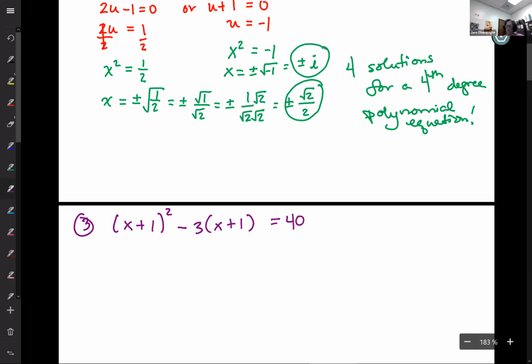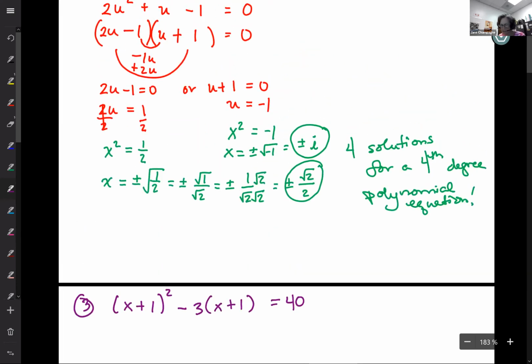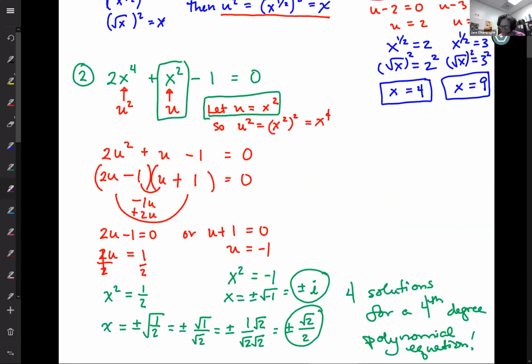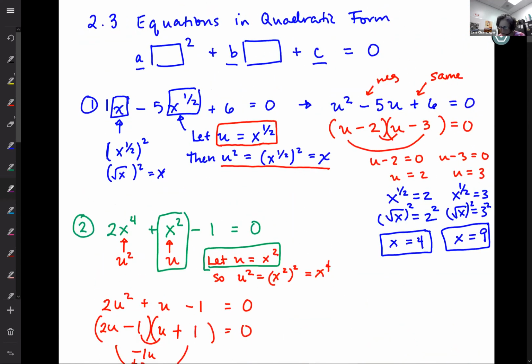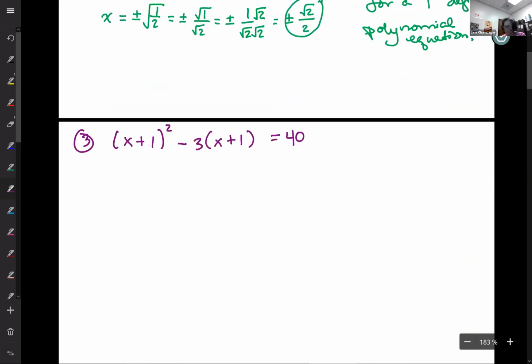And there's more than one way to do some of these. I was going to show you another way to do this first one. Let's do this one first, and then I'll show you. So the u substitution way says, let's set this equal to 0, and notice that it looks kind of like a quadratic.